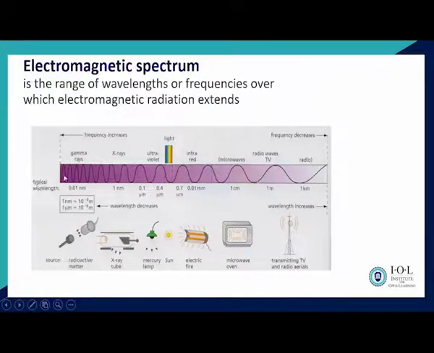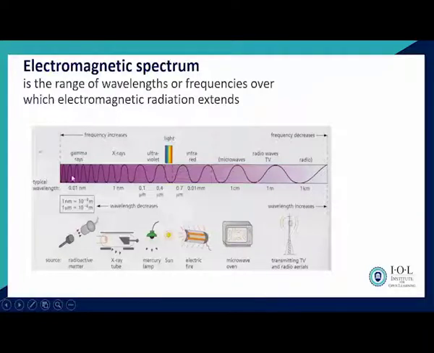So you can see, if you compare the wavelength from the left, from the side of gamma rays to radio wave, gamma rays have got the shortest wavelength. From gamma rays to radio wave, the wavelength increases. Gamma rays have the shortest wavelength, and the radio wave has the longest wavelength.